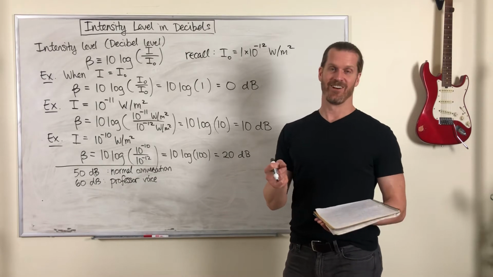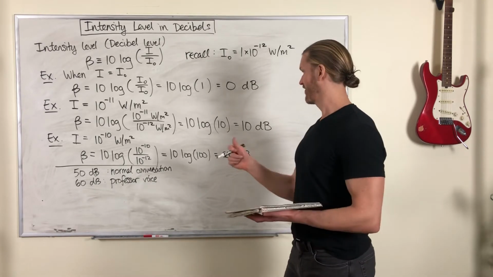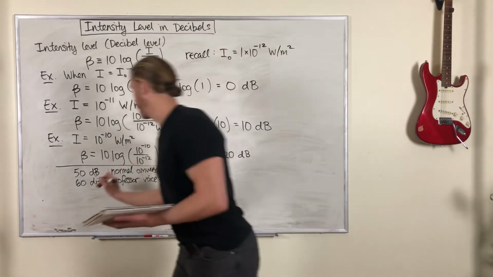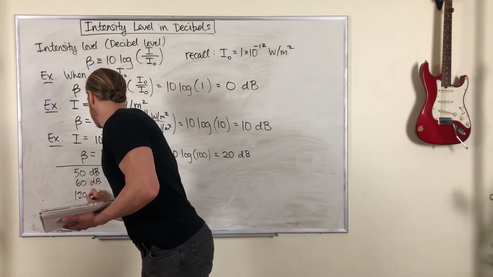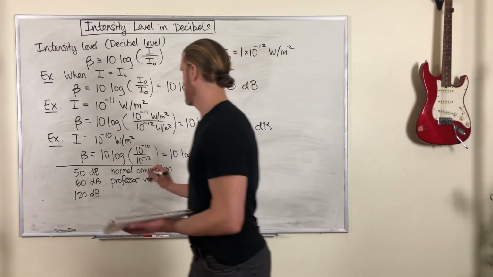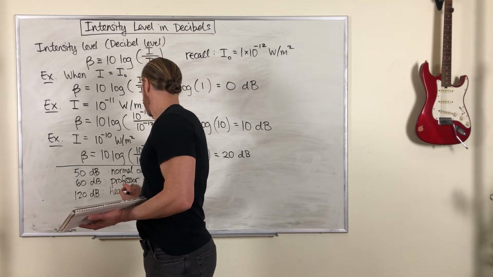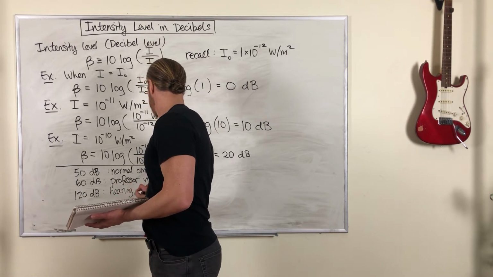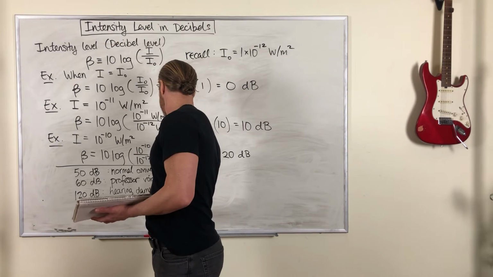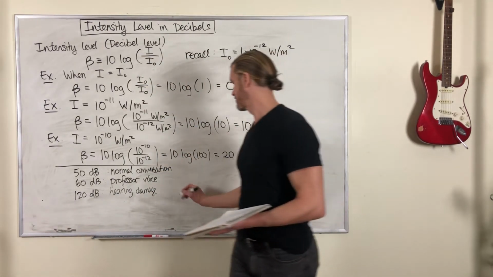Log of 10 to the 12 is 12. 10 times 12 is 120 decibels. So this is where hearing damage starts. And that might happen at a loud concert.